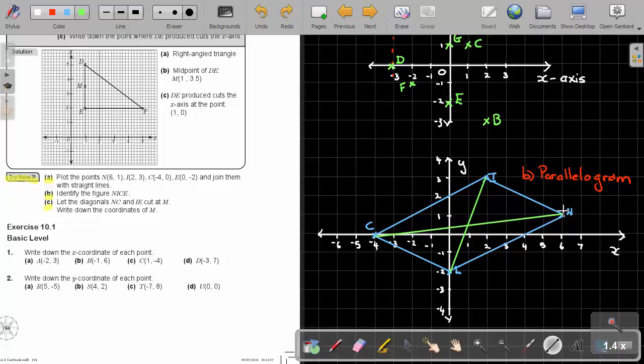So if I do this one, okay, and if they say write down the coordinate where they intersect, so it intersects here, and if we write down that coordinate, it looks like 1. Let's just redo it. It's 1, and it's in the middle there.